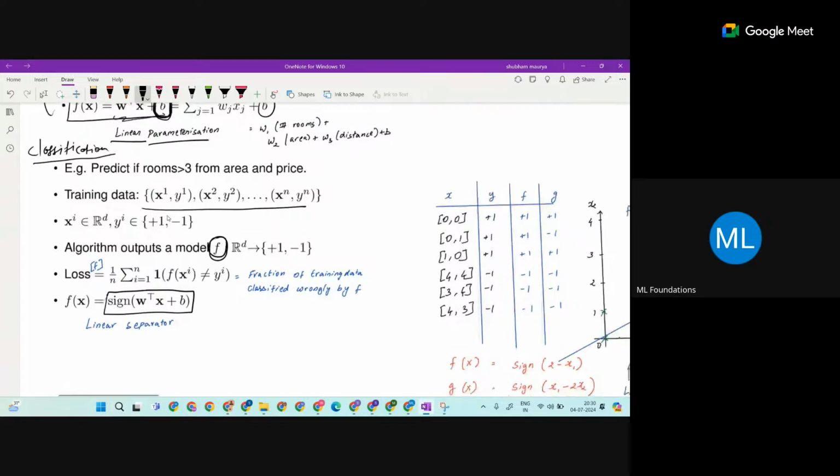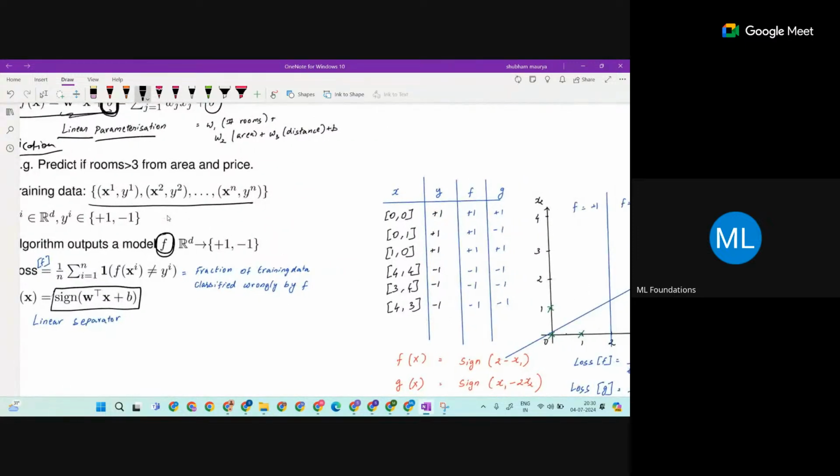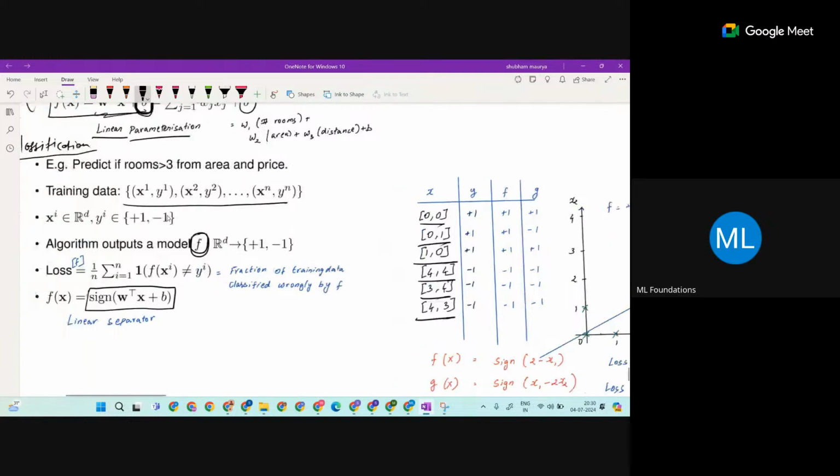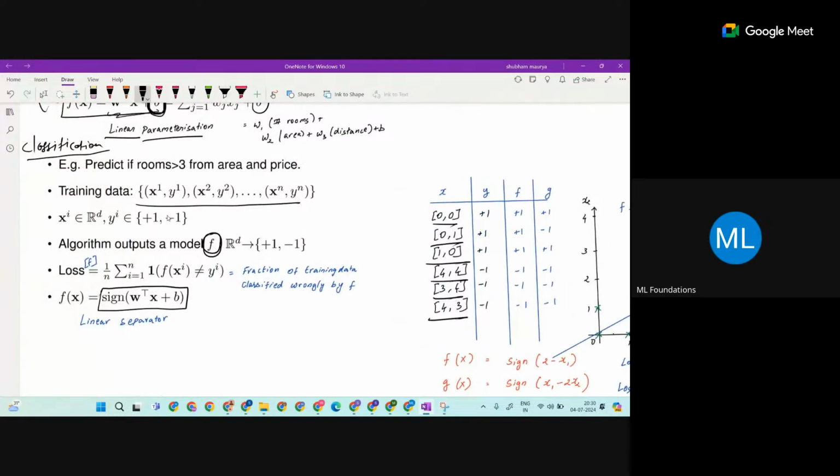So for example, here you have some set of data, and this y value, this output, we already have.